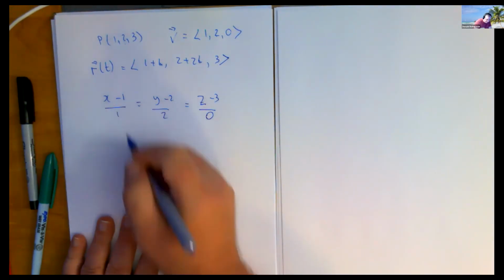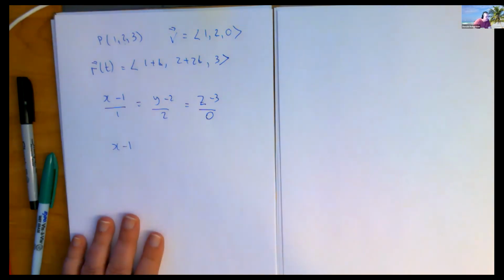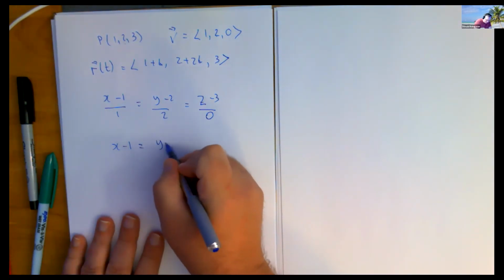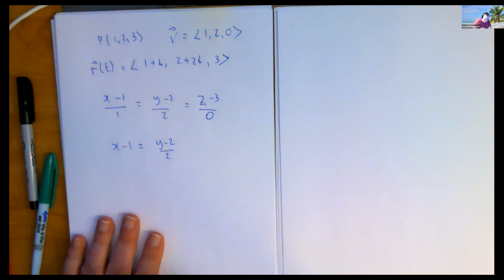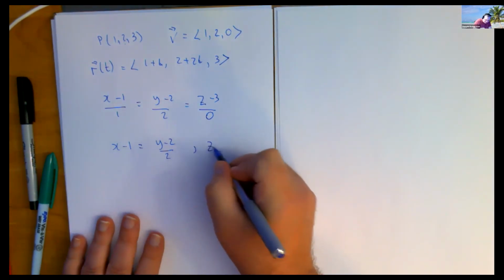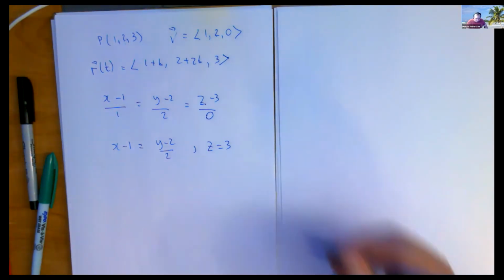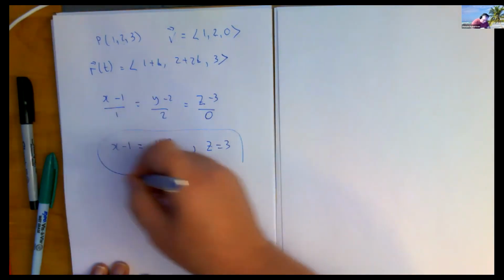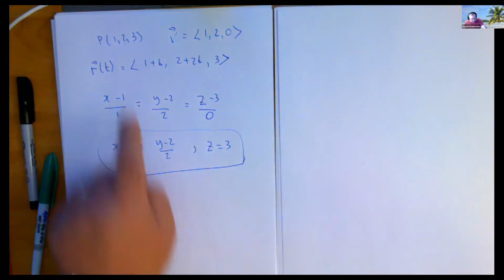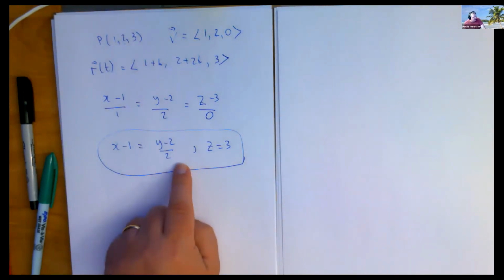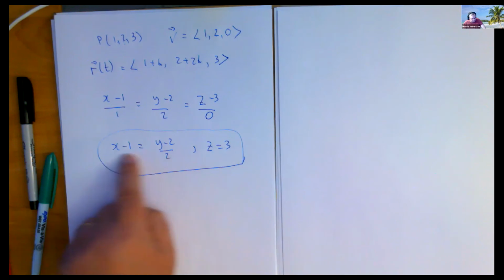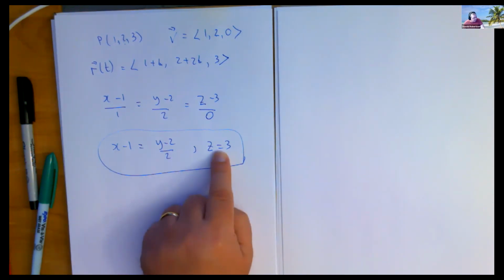This one is only cosmetic, but typically you just write that, because x minus 1 over 1 is just x minus 1. You make it equal to this guy, and then you do comma, z equals 3. So this would be the correct version of the equation of this particular line in symmetric form.